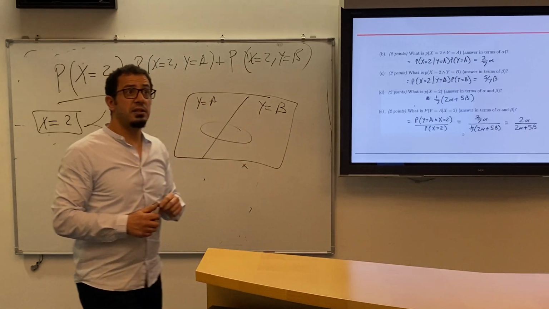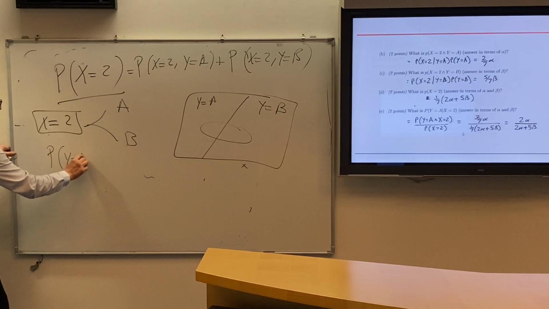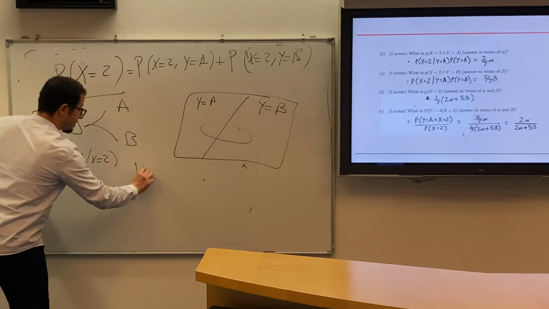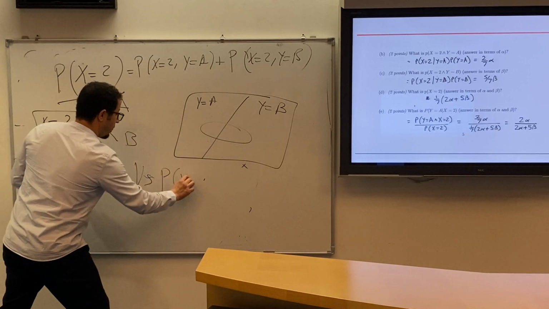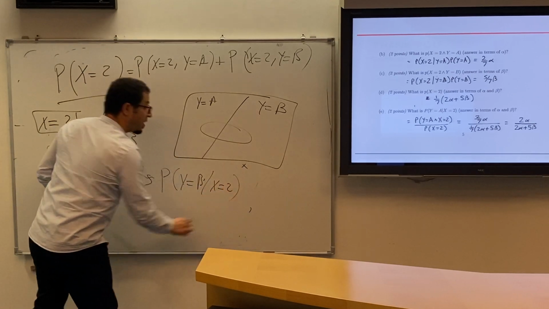We are using the conditional probability. Now, to answer these questions here, I have to calculate this one. The probability of y equals A, given x equals 2, versus what? The probability of y equals B, given x equals 2.